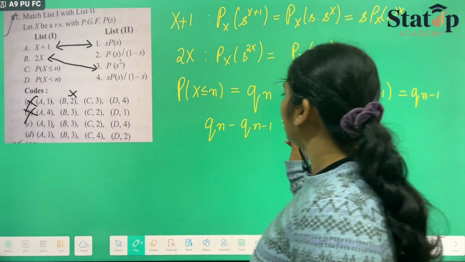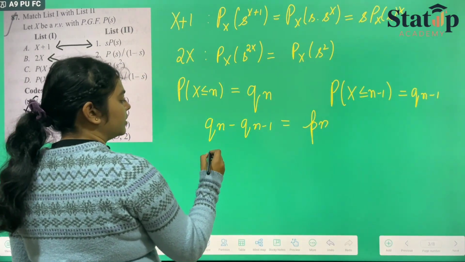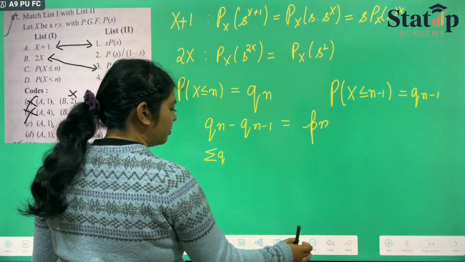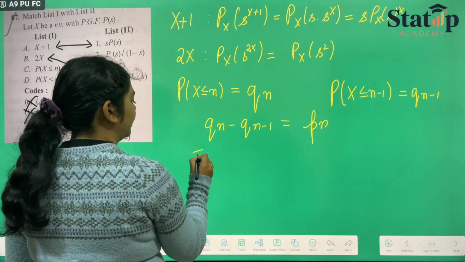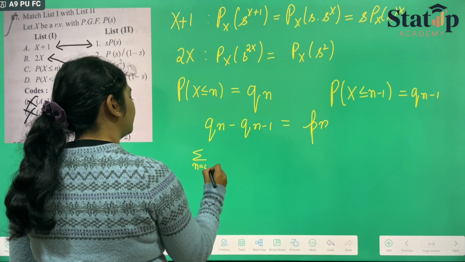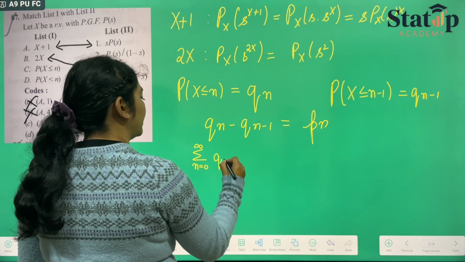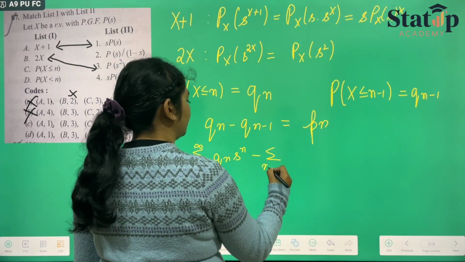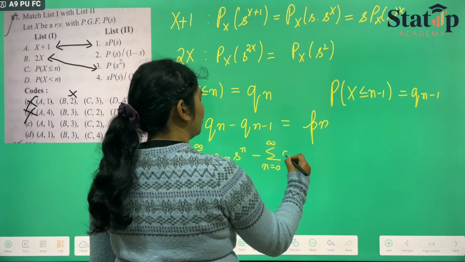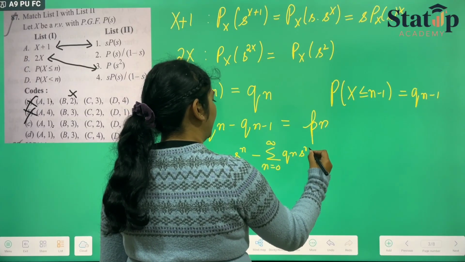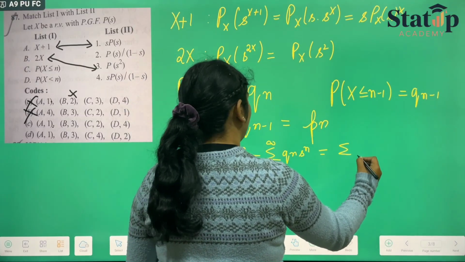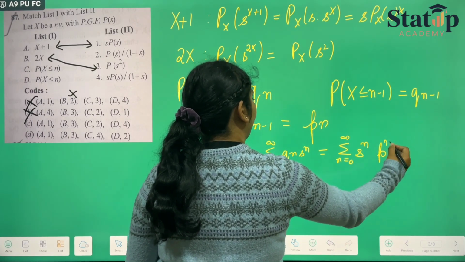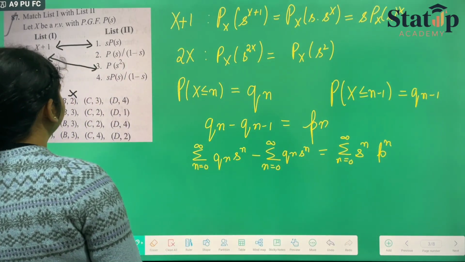Right? Now, instead of Q_n and Q_n minus 1, we can write it as summation over n from 0 to infinity, Q_n s raised to the power n, minus summation over n from 0 to infinity, Q_(n minus 1) s raised to the power n, is equal to summation s raised to the power n from 0 to infinity, P_n. Right?